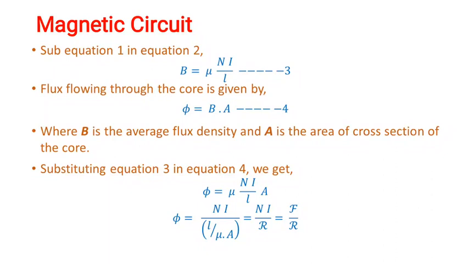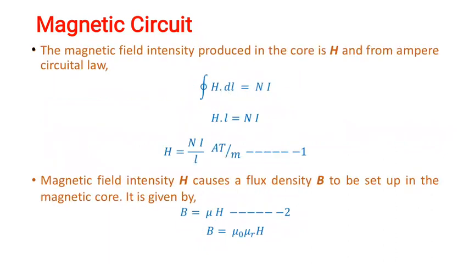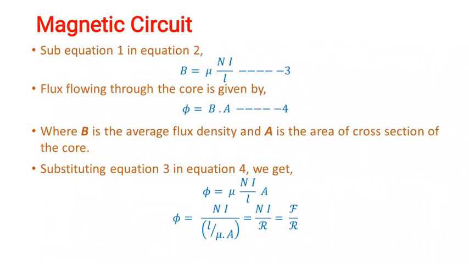Now we have to substitute equation 1 in equation 2. On substituting that, we get B, the magnetic flux density, is equal to mu into the value we derived for H, that is Ni by L. Now the flux flowing through the core is given by flux is equal to B into A, where A is the area of cross section of that core.